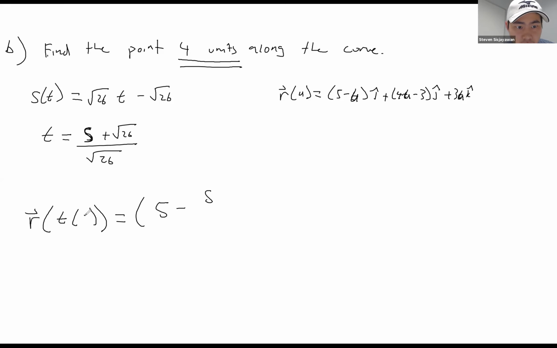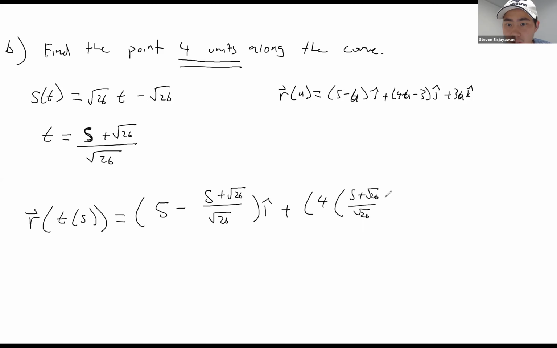So it'll be 5 minus s plus square root of 26 all over square root of 26 i hat plus 4 times s plus square root 26 all over square root 26 minus 3 j hat plus 3 times s plus square root 26 all over square root 26 k hat.